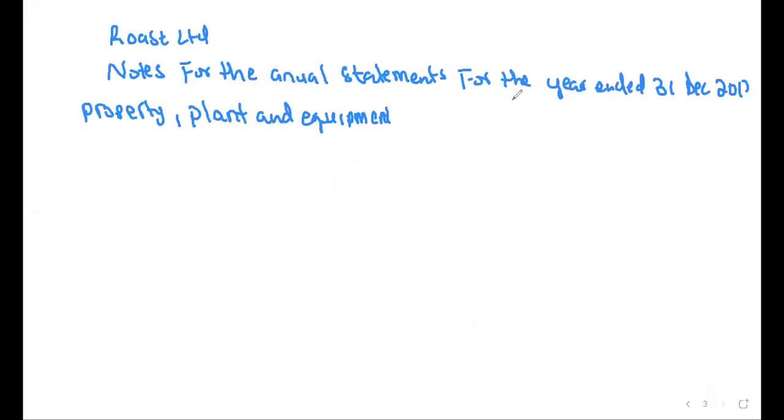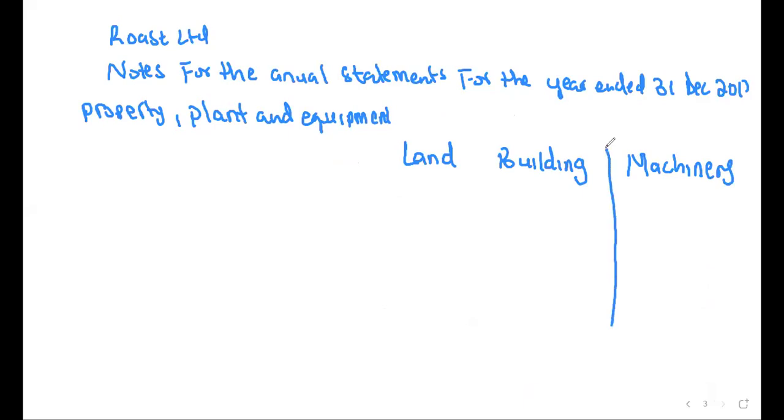So we're going to have land, and before you even calculate the carrying amounts, you should have this first. Then building. I will not put the total column, but if the question requires you to do the total column, you can always put it there.